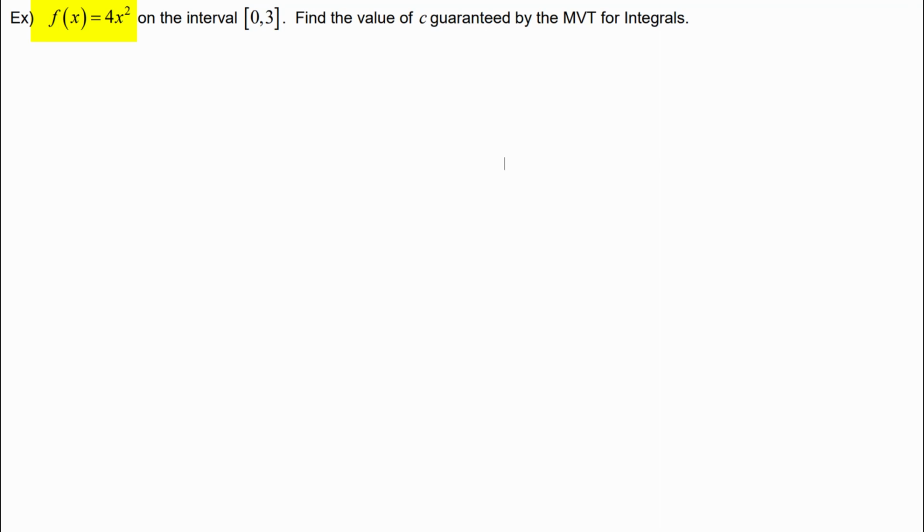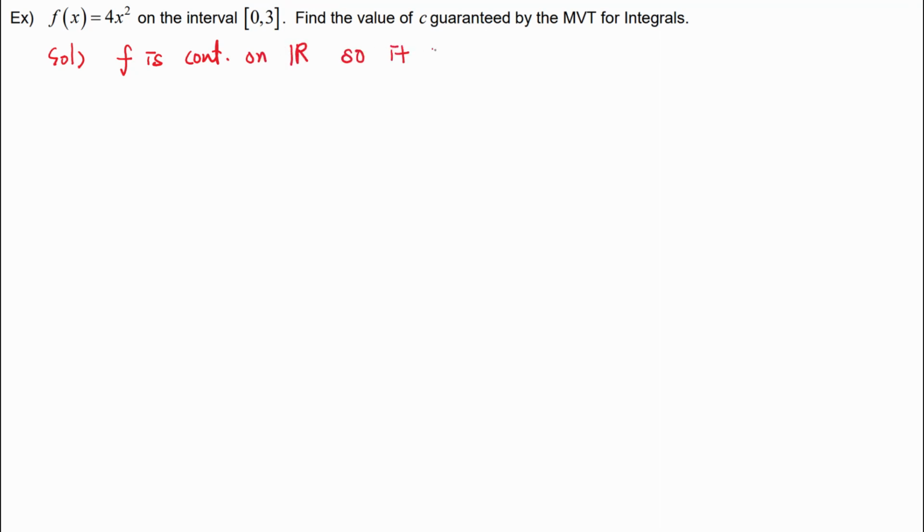It's a parabola precisely, and it is continuous on all real numbers. I should mention that first because otherwise I cannot use the mean value theorem. So I will say f is continuous on R, all real numbers.